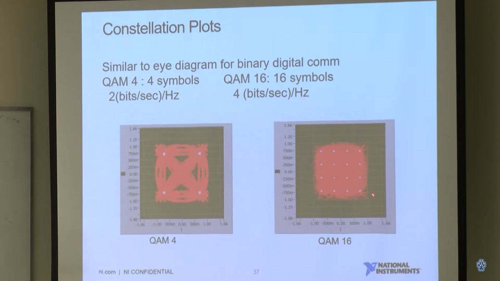So when you look at this constellation diagram, you can determine how good the signal is, and how bad the crosstalk is. This is why people use this diagram to judge your digital modulation signal quality.